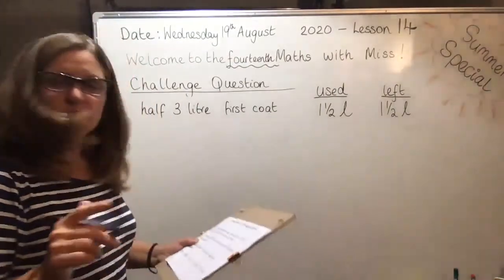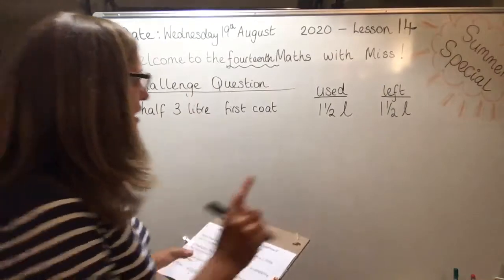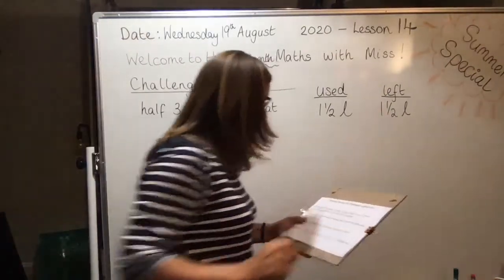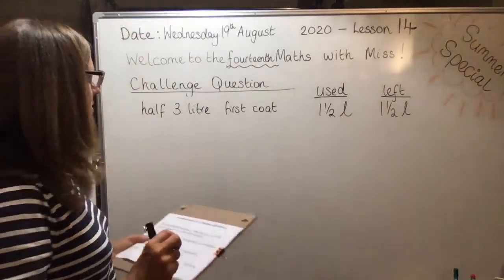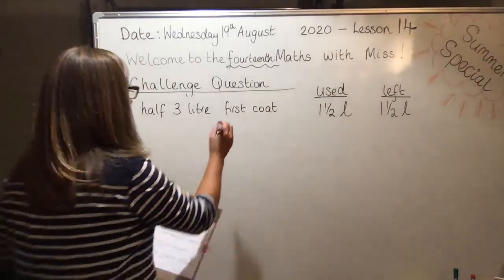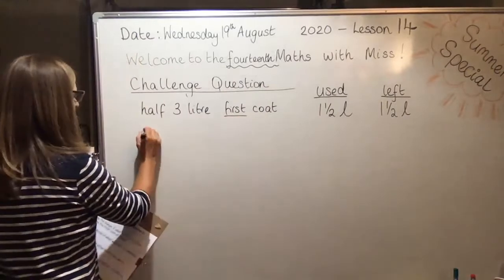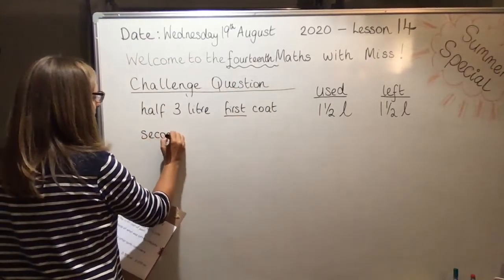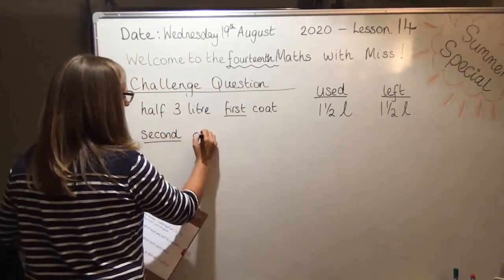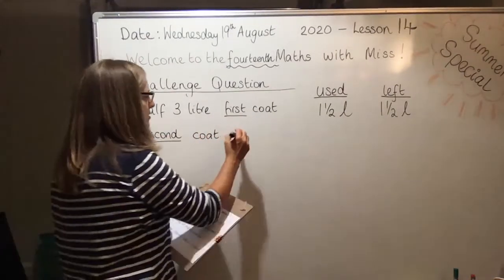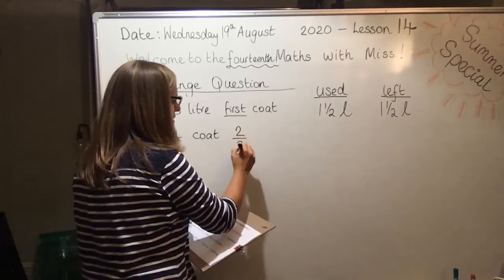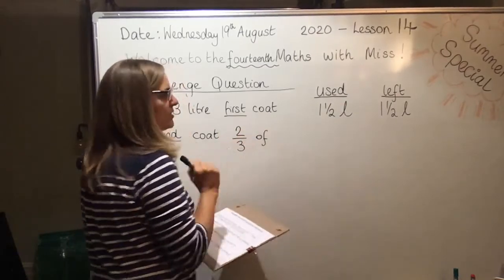Now the next part of the question. I then used 2/3 of what was left to complete the second coat. So this is the column that we need. We've done our first coat, and we're now going to do our second coat. 2/3 of what was left.